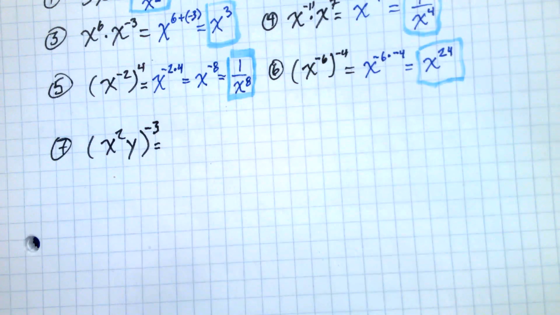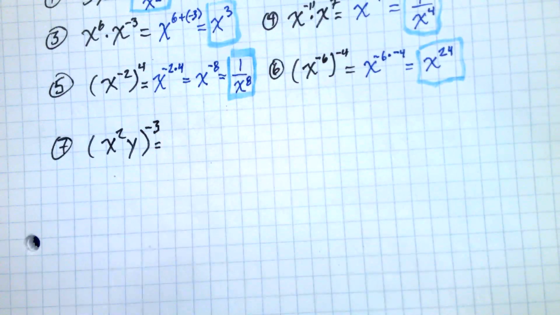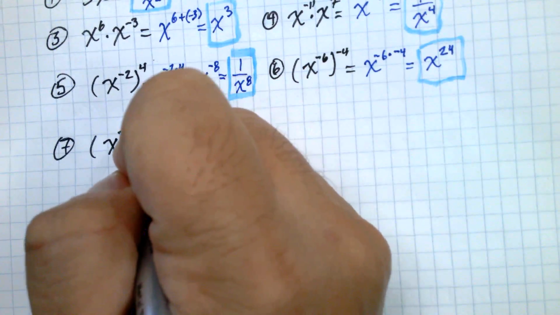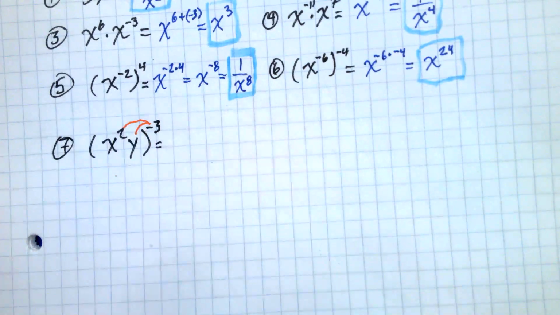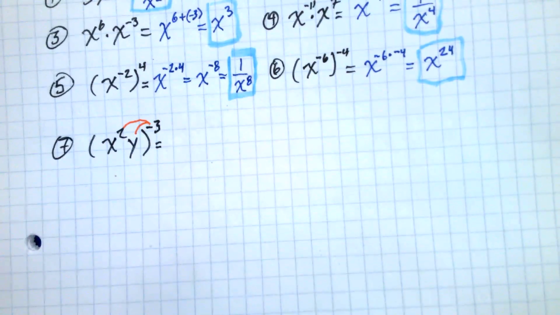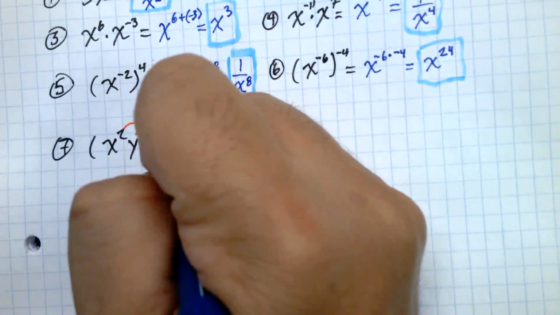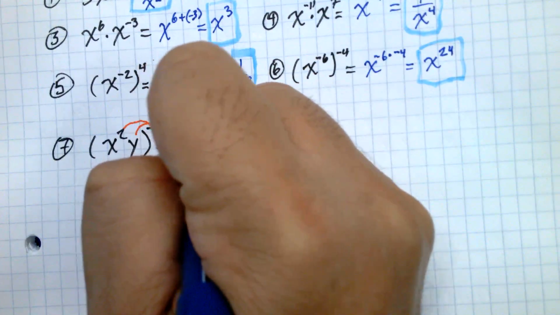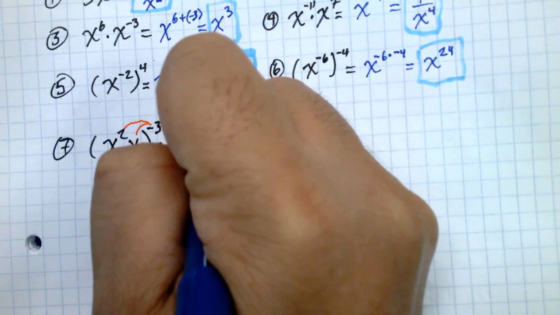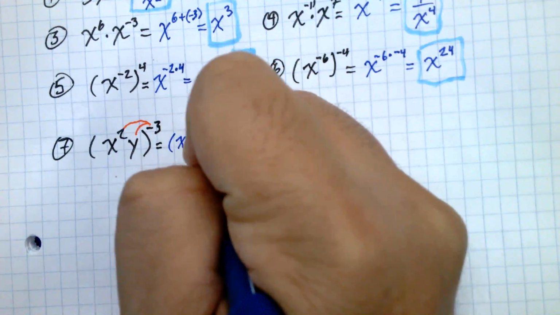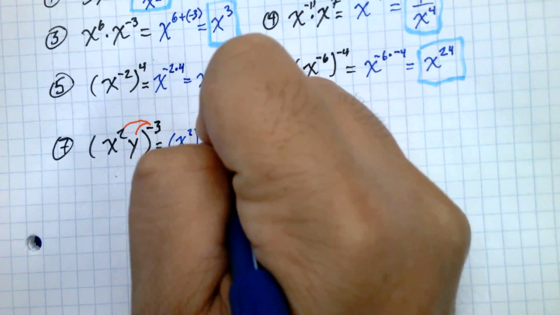Okay, you guys ready? Well, we have to distribute that negative 3. We've already done one kind of like that. So let's share that negative 3. So that's going to be x squared to the negative 3rd, and then y to the negative 3rd.